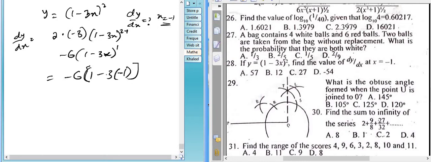So we can say -6 into 1 minus 3 times -1, that's -3, so 1 minus (-3) is positive 4. So -6 times 4 is -24. So the answer is going to be -24.